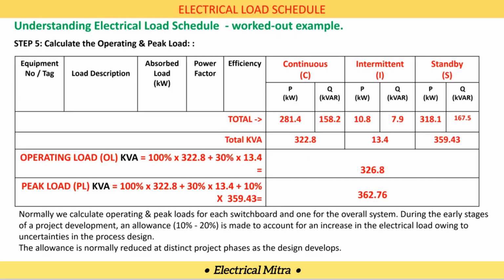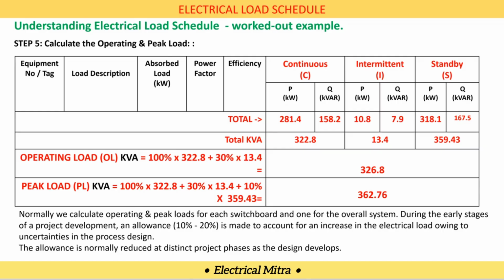Based on the formula discussed in the earlier slide, we can now calculate the operating and peak loads. In our example, the operating load works out as 326.8 kVA and the peak load works out as 362.76 kVA. Normally, we calculate the operating and peak loads for each switchboard and one for the overall system.